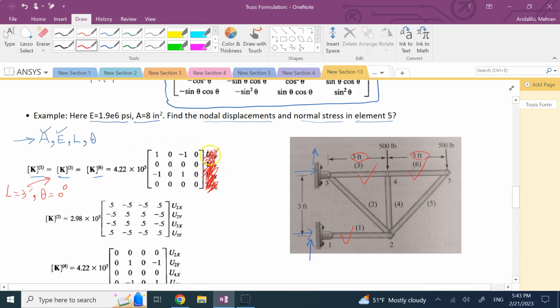The magnitudes are all right, but as I said, the nodes are not. If somebody says, which nodes are they? Well, look at them. K1 is between which 2 nodes? 1 and 2. So for K1, this part is right. The nodes that I have are nodes 1 and 2. So U1 capital X, U1 capital Y, U2 capital X, and U2 capital Y. And the same thing for the columns. The columns are the same as the rows.